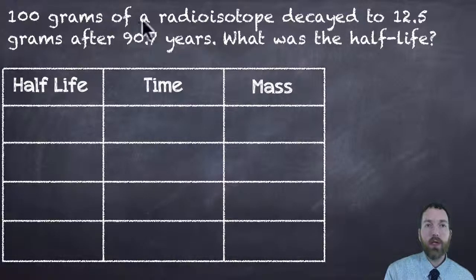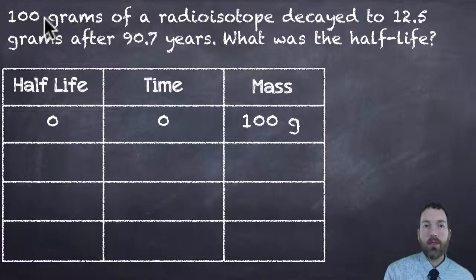So 100 grams of this isotope decays to 12.5 after 90.7 years. So we'll start with 0 half-lives. 0 time has gone by, and it says that I have 100 grams in my problem here. So I don't know the time yet, so I don't know my first half-life, but I know after my first half-life, my mass is going to decay down to 50 grams.